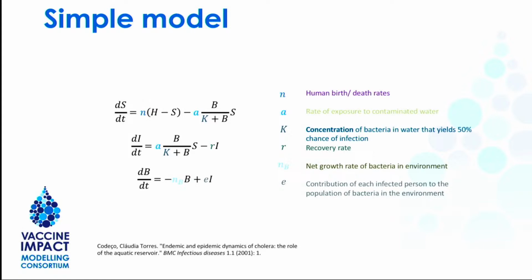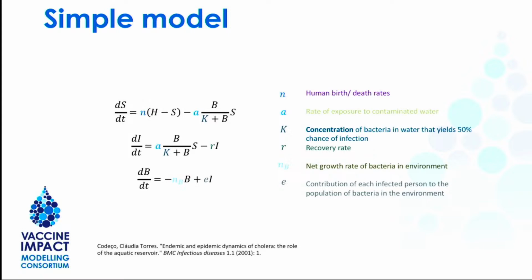So let's go through some of the other things going on in this model before we start using it, especially as some of the notation is a bit different to some of the other SIR models that we've shown so far. Here, we've got N as our human birth and death rates. We've got A, which is the rate of exposure to the contaminated reservoir environment.